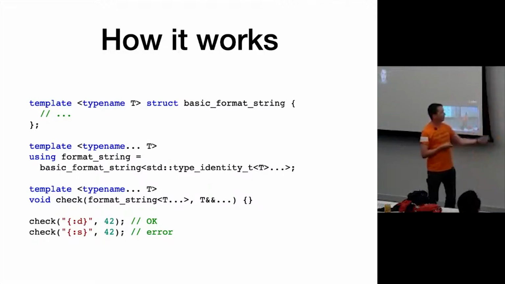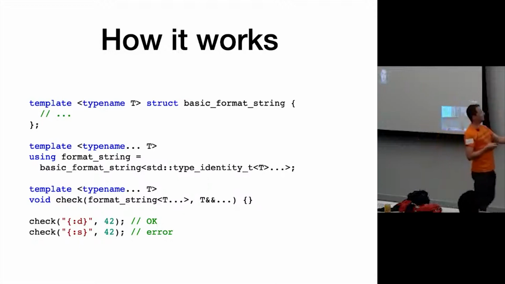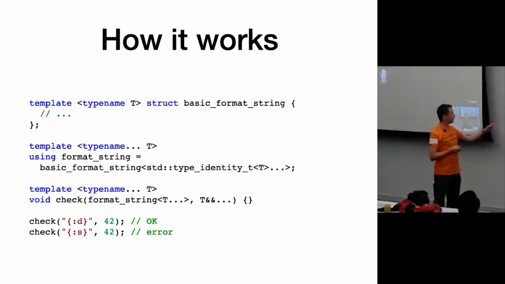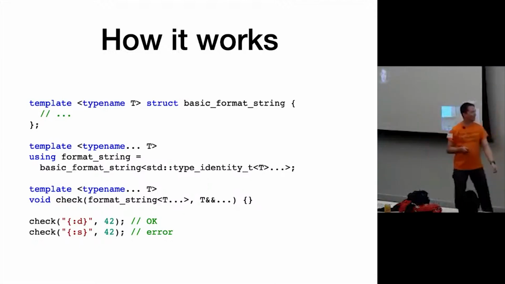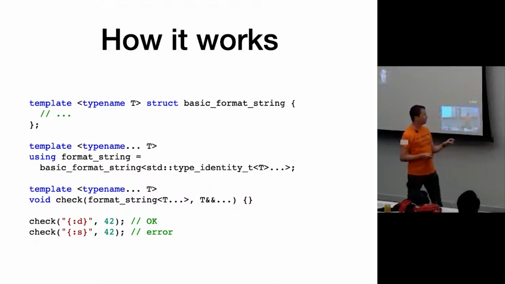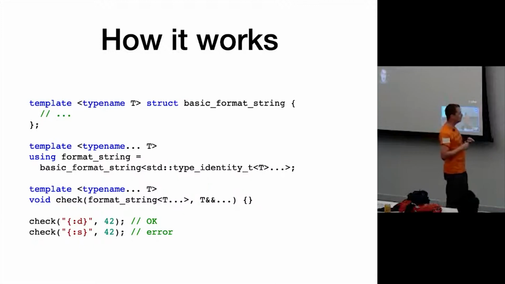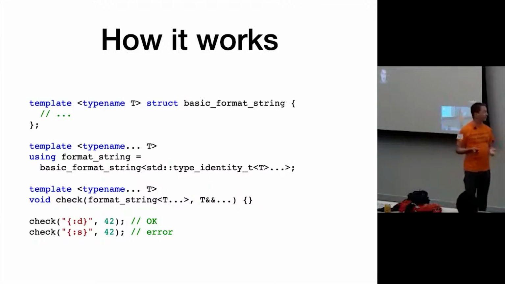If we didn't use type identity, it would try to deduce the template parameter from this thing here, and it would fail. So we need to disable deduction in the format string. Then our implicit constructor kicks in, and we get our compile time code for checking.